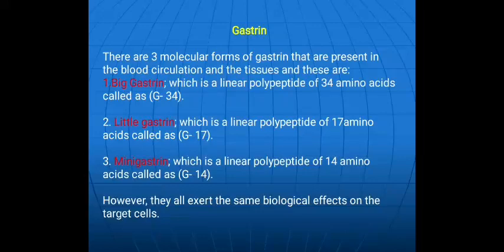Little gastrin, which is a linear polypeptide of 17 amino acid, called G17, and mini gastrin, which is a linear polypeptide of 14 amino acid called G14. However, they all exert the same biological effects on the target cell. كلهم يعملون نفس العمل على الخلية المستهدفة.